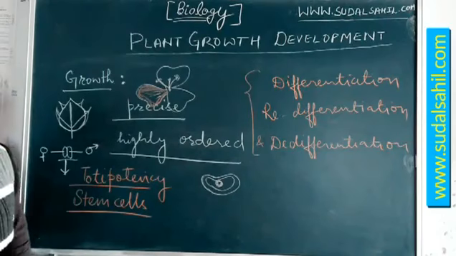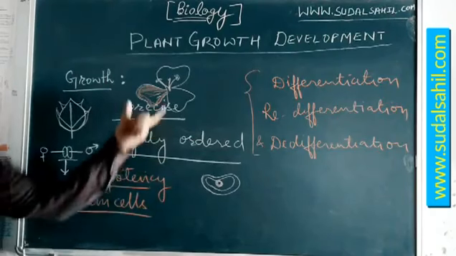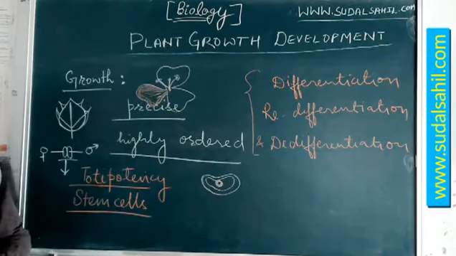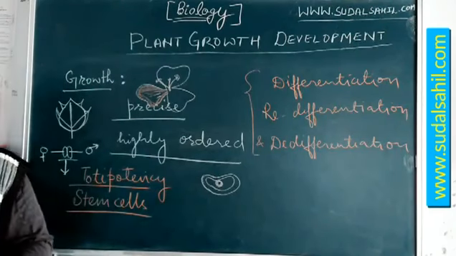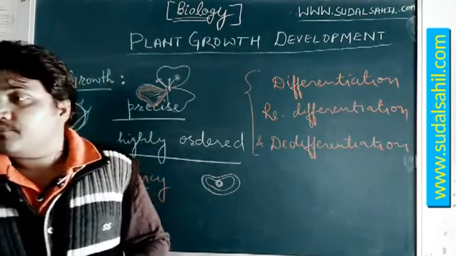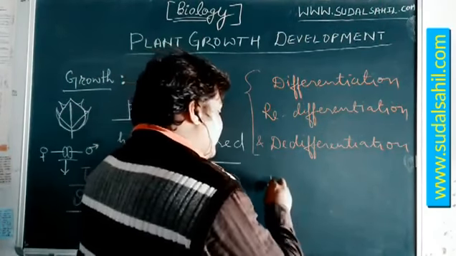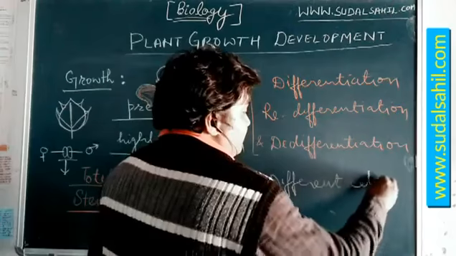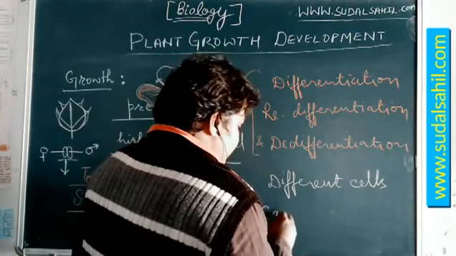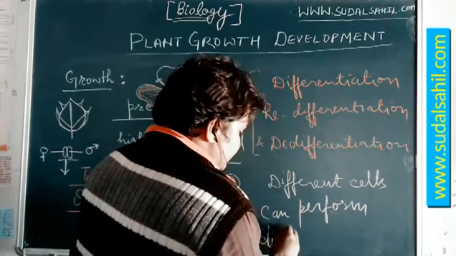But leaves are usually green, not red, because they have chlorophyll. Petals lack chlorophyll. They are not able to photosynthesize. So, there are different cells present in a plant at the same time. So you can see different cells can perform different duties.